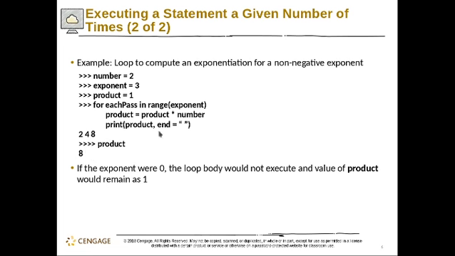Basically this is your iteration loop. If your exponent is 0, the loop body will not execute and the value of the product would remain as 1.